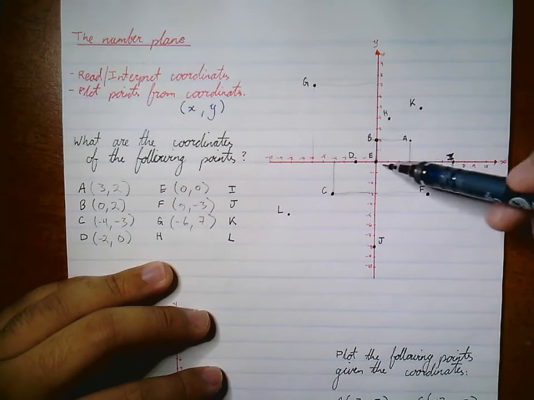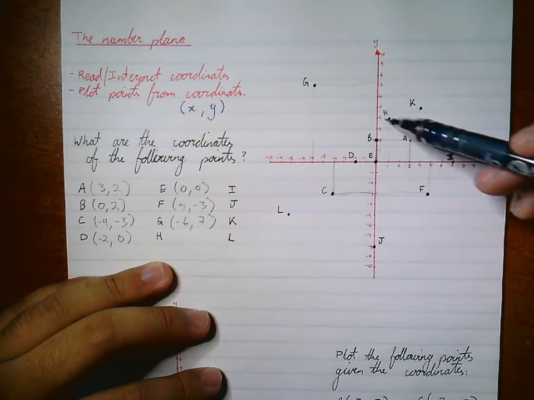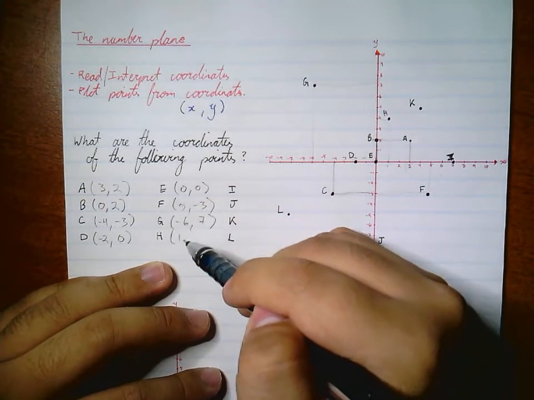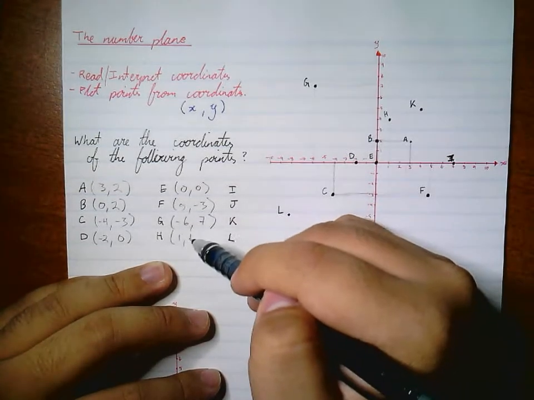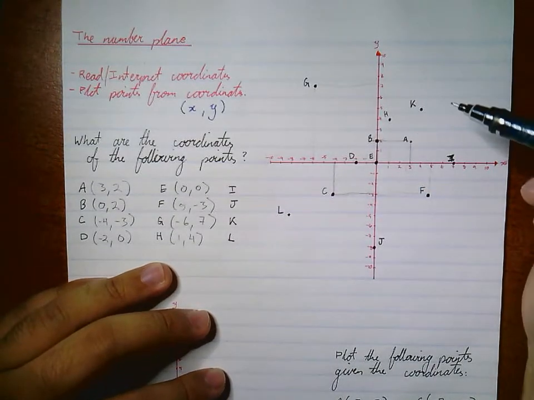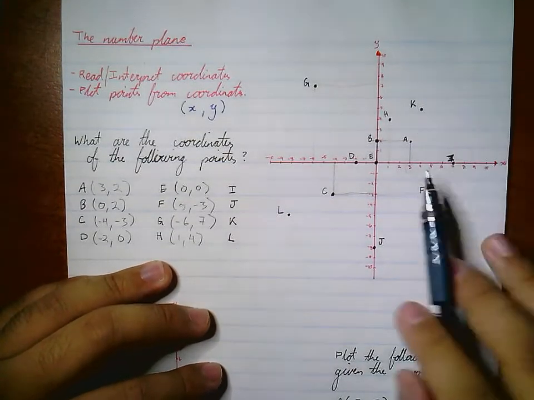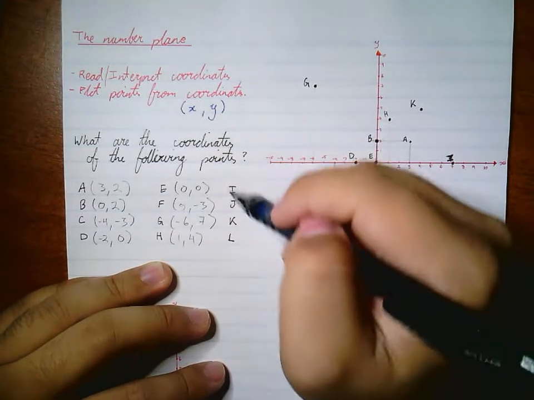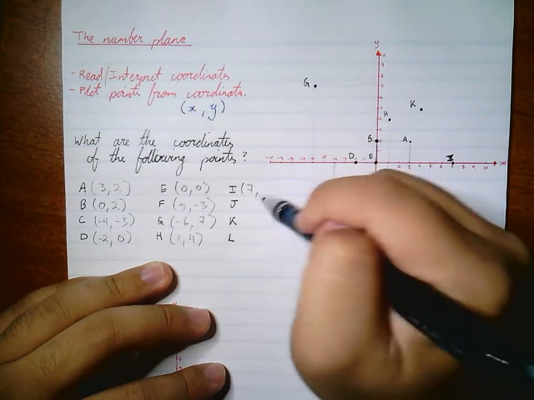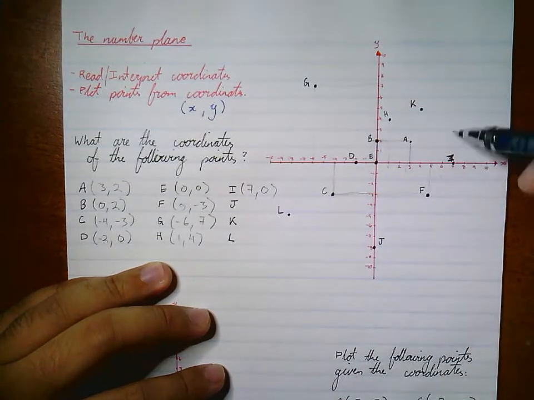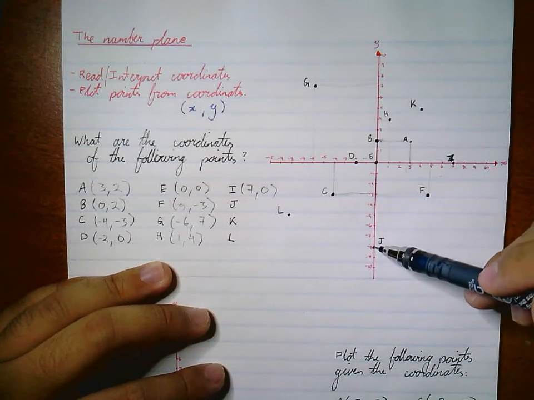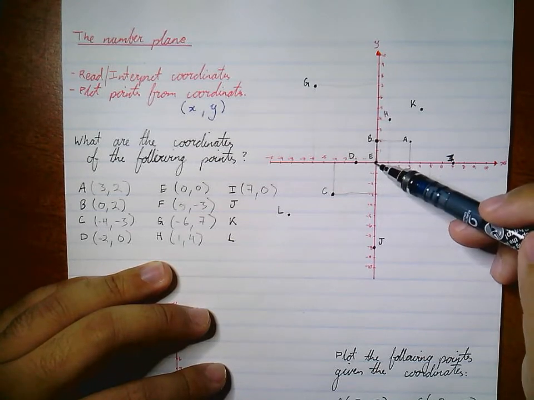Point H, where's point H? There it is. Point H is 1, 1, 4. Point I has moved to the right, so it is positive 7, 0. It hasn't moved up or down. Point J, there it is, hasn't moved left or right.